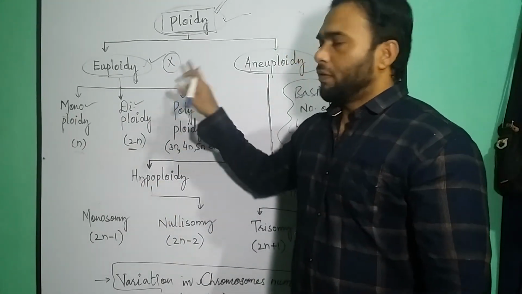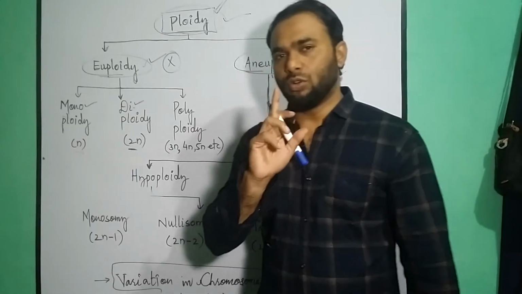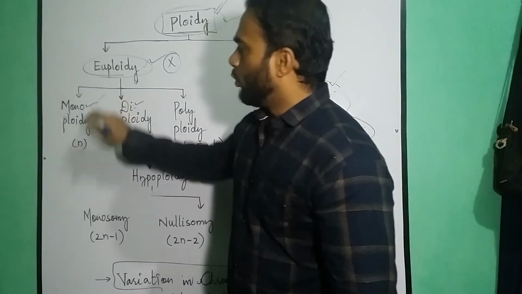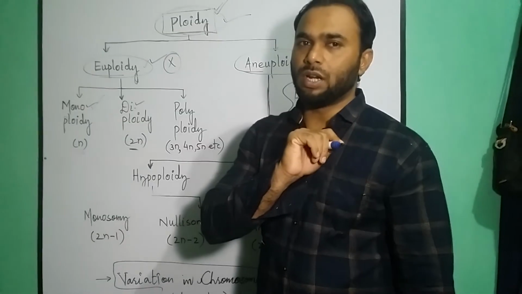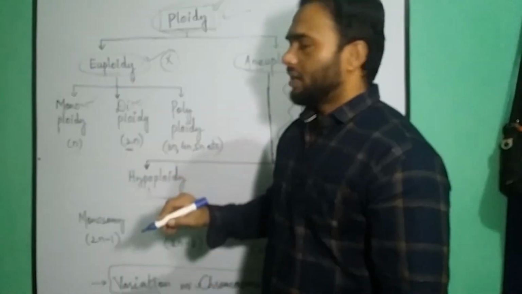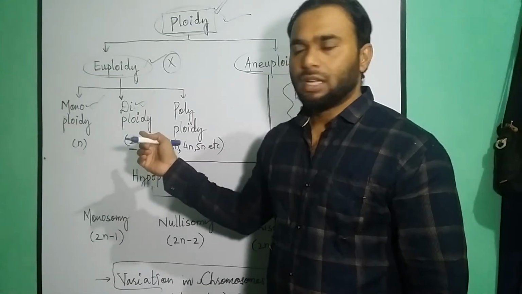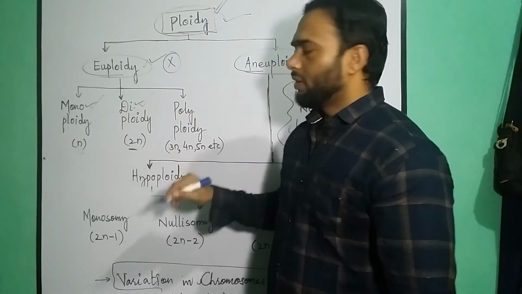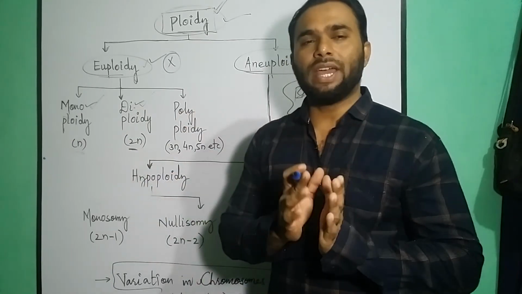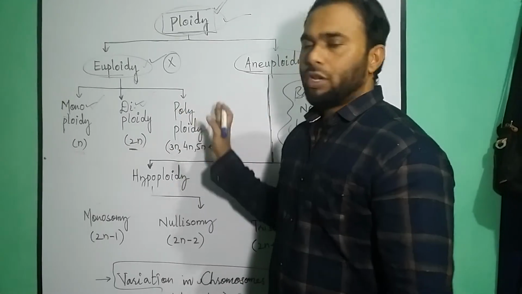If 1X is there, it is called monoploidy, because mono means 1. If 2X is there, it is called diploidy, because di means 2. If more than 2X is there, it is called polyploidy.